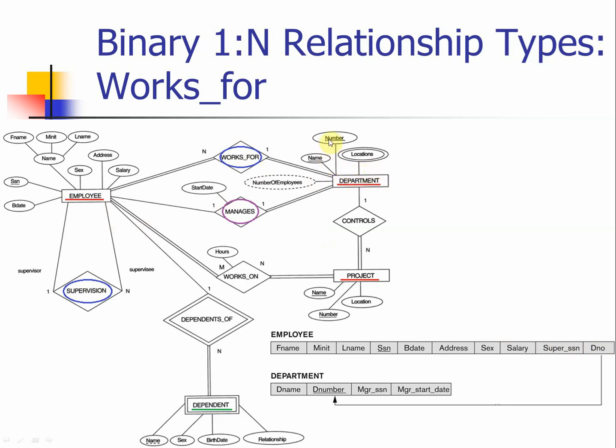So we take the primary key of the department, put it here, give it a name, say DNO, and then make a foreign key that links to the department primary key. And therefore, you can see that we have formed this relationship by converting this one-to-n relationship.